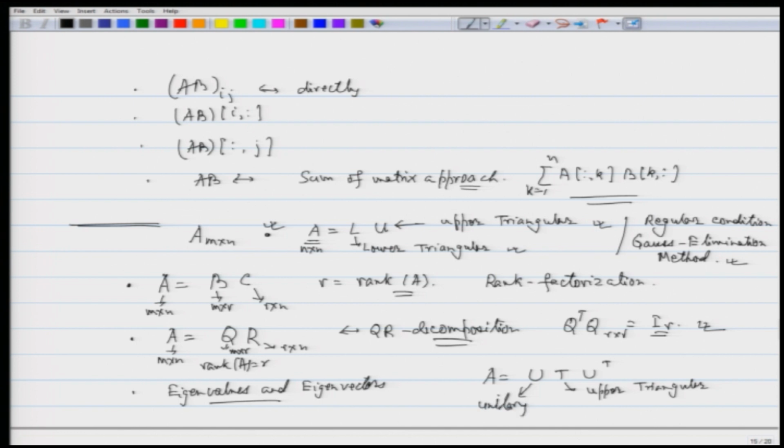I have not said what is a unitary matrix till now. So, we will understand these things as we go along, but this eigenvalues and eigenvectors is going to be the last chapter. So, for that we will have to understand everything.